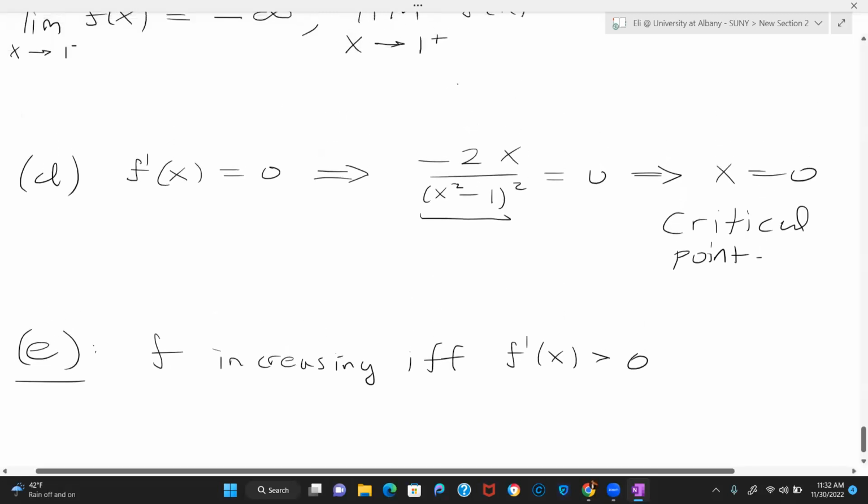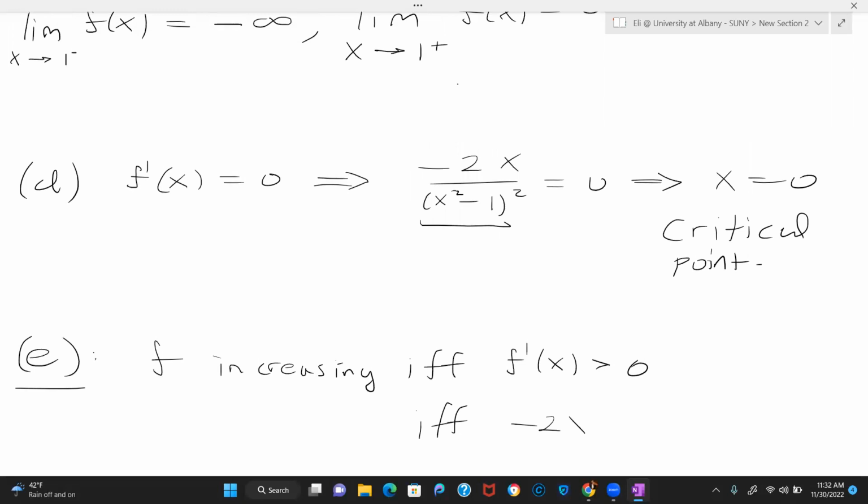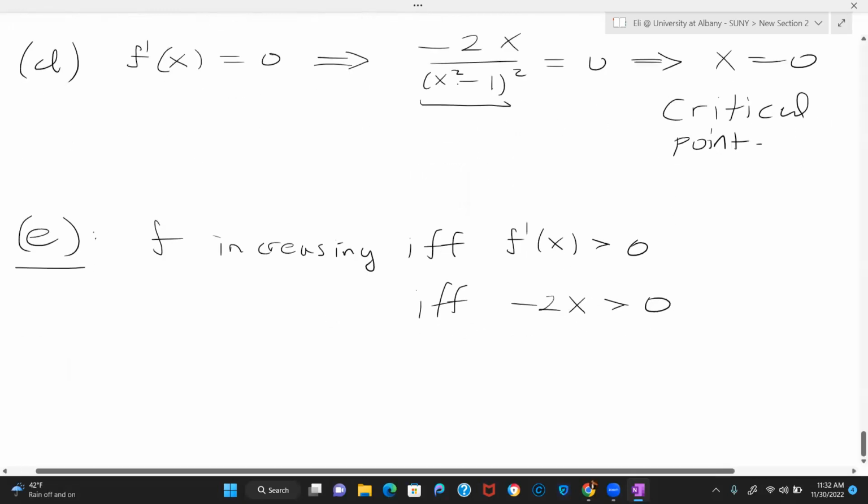Now look at the derivative. This is the derivative right here. The denominator is always positive. It's x squared minus 1 squared. So the overall sign is going to be determined by the numerator. So this is positive if and only if the numerator is positive. And then, of course, you can divide by -2 to get this.